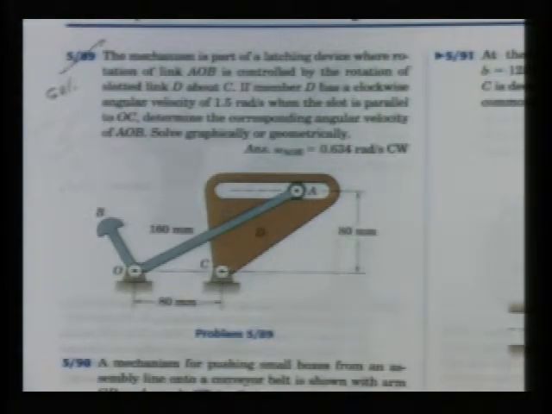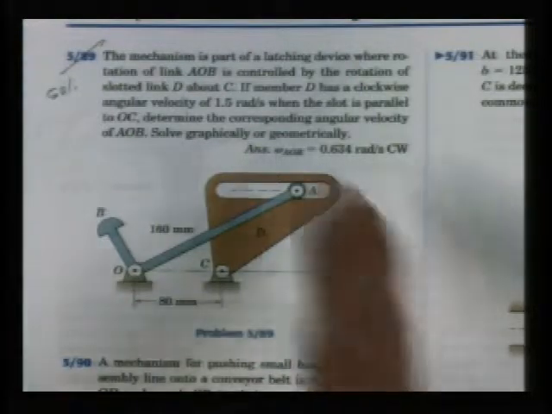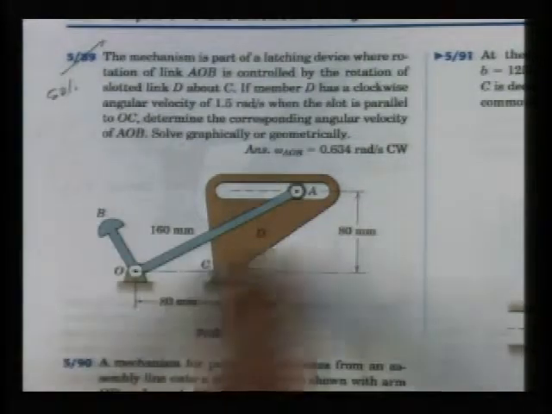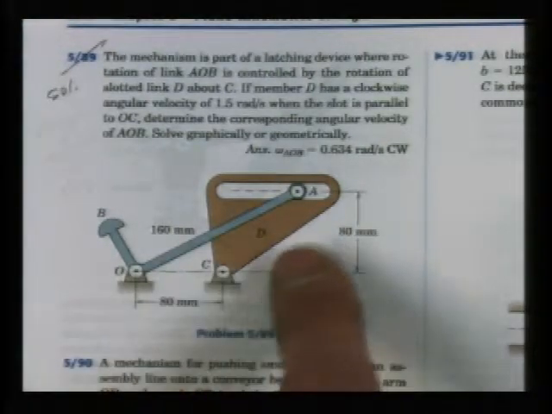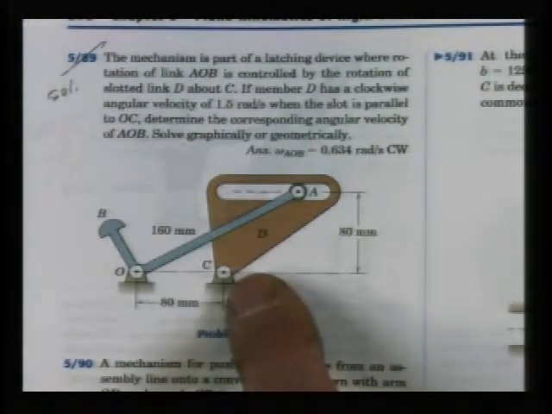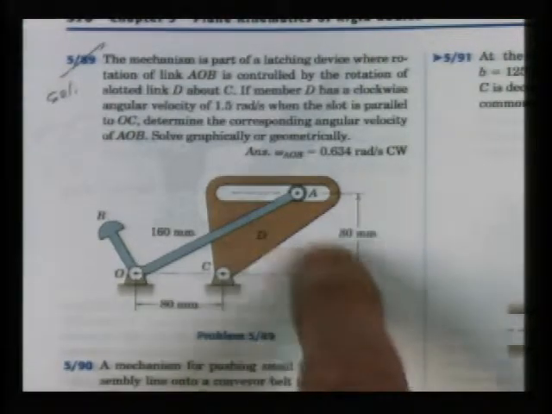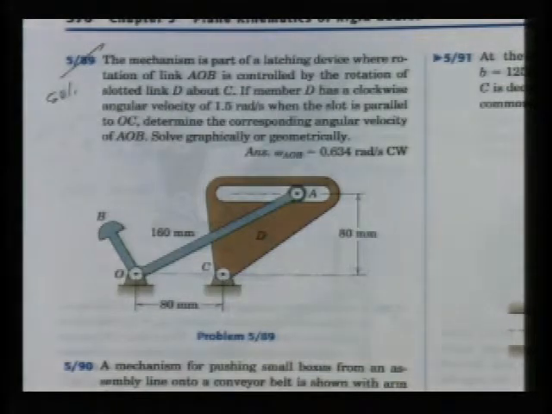It's the latching device where rotation of link OBA, this link right here, is controlled by the rotation of the slotted link D about point C. If member D has a clockwise angular velocity of 1.5 radians per second when the slot is parallel to OC, determine the corresponding angular velocity of AOB. Solve graphically or geometrically. So we have 80 millimeter links on that, horizontal and vertical.